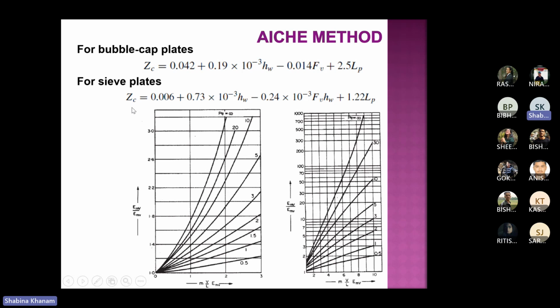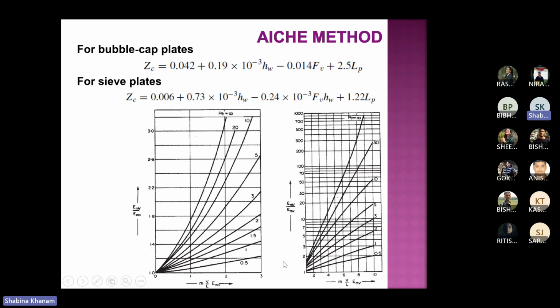Once you have this ZC, you can have NG and NL, so you can calculate point efficiency, and these graphs correlate point efficiency with plate efficiency. You see here small v is given for point and capital V is given for plate, as I have already told you.